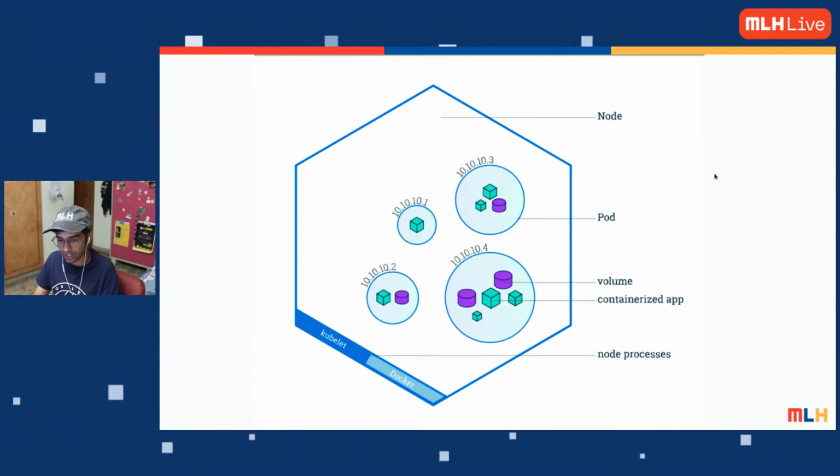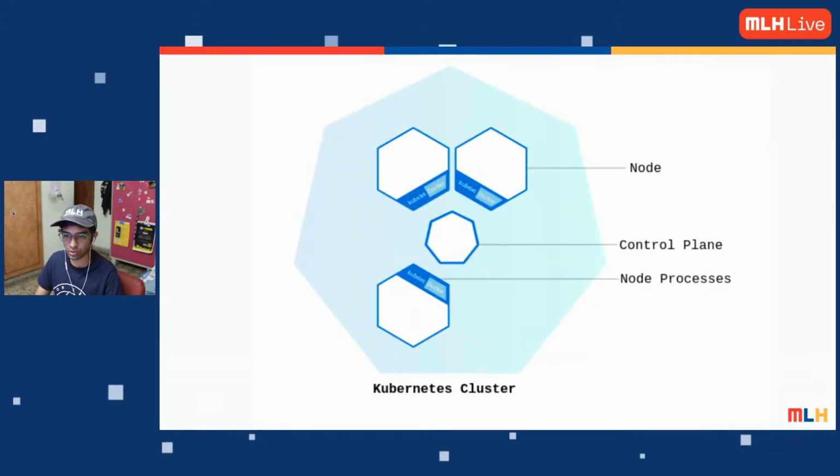Each node is controlled by a node process called kubelet. No need to remember that, but each node has a process, and all of those nodes are controlled by a single node called the control plane node. So that is also a node in the center right here. This thing is also a node, but it is called the control plane node.